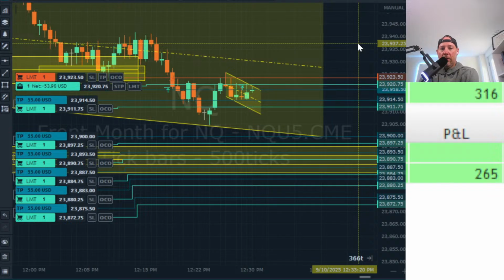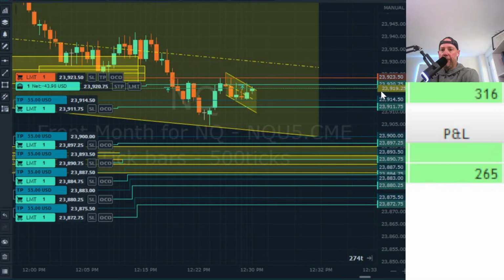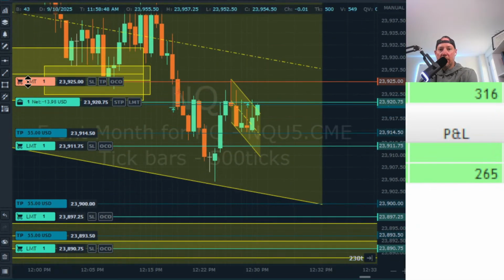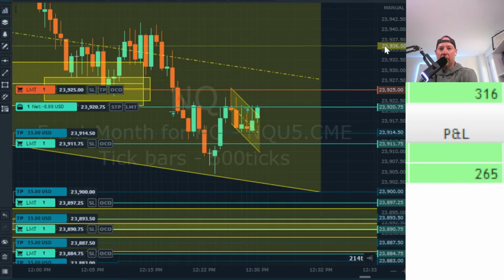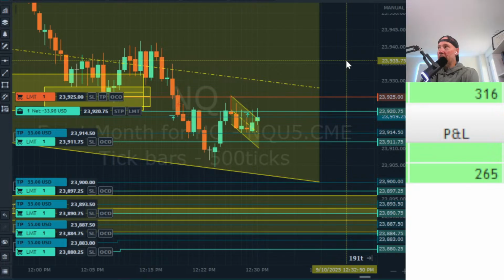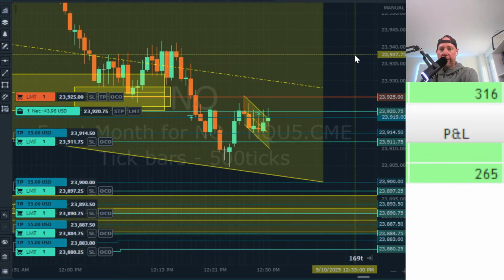Okay, what I'm looking for is a break out of this bull flag. If it breaks out, I'm actually looking to get a little bit more than this. I just want to get at least to the top of this. Okay, it's having a hard time.